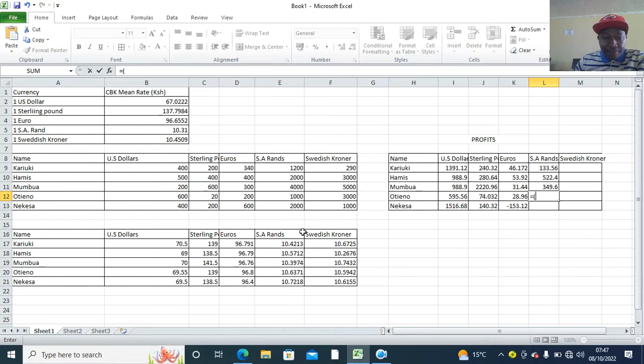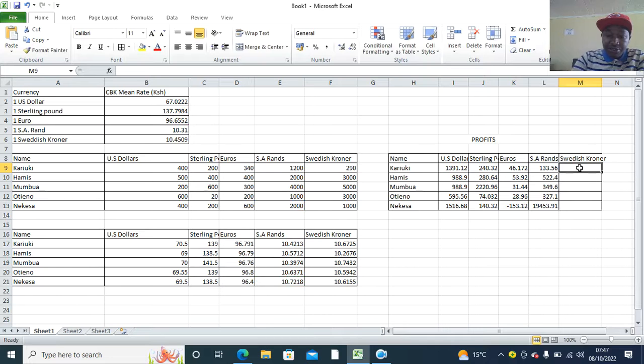We have 1000 times, that is for Otieno, times that one, minus, open the bracket again, the same multiplied by that one, then equals, open the bracket. We are doing for this one, multiplied by the last value, close the bracket, minus, open the bracket, the same, minus that one, close the bracket, enter.